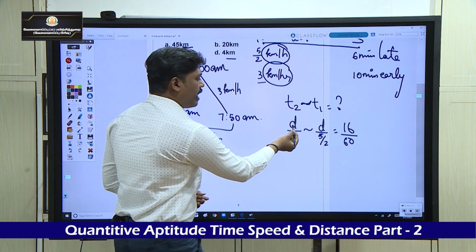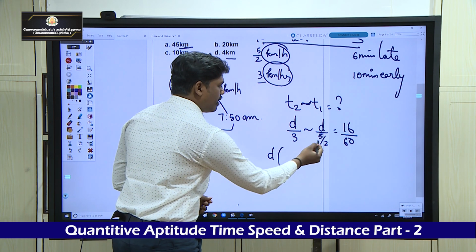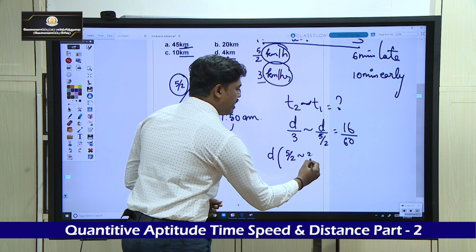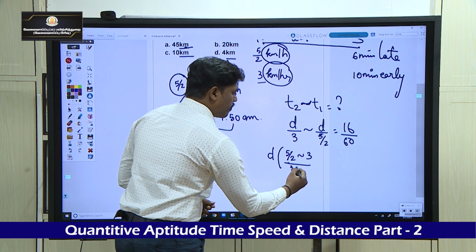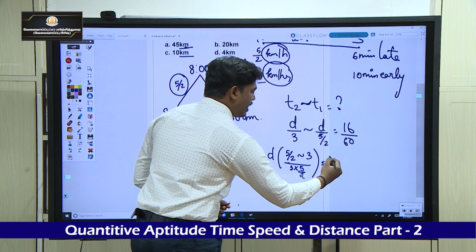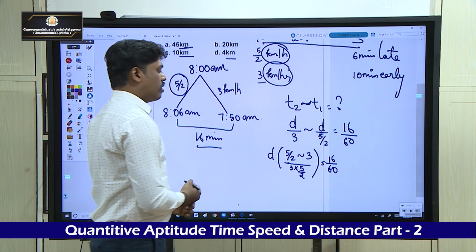So, here take out D common, you will be getting D into (1/(5/2) difference 1/3), which is difference 3 divided by 3 into 5/2, is equal to 16 by 60. Okay.